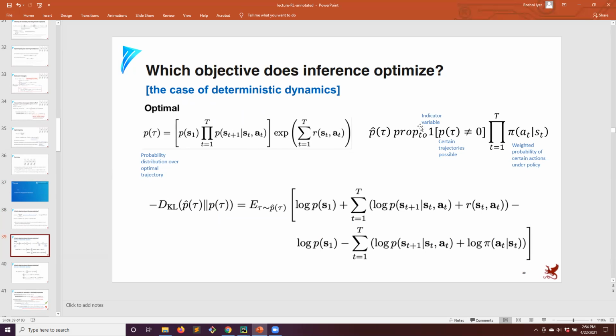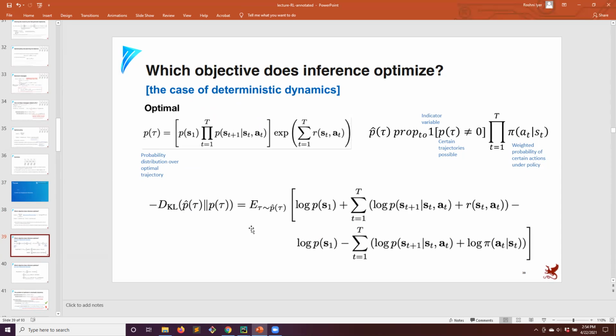And let's define that as being proportional to an indicator variable here, not one, times p tau, where p tau is not equal to 0. So we only consider certain trajectories, and then we weight those by the probability of taking certain actions under that particular policy.